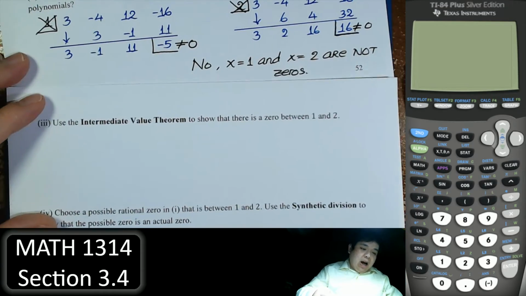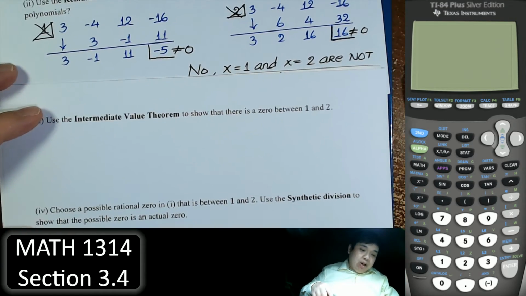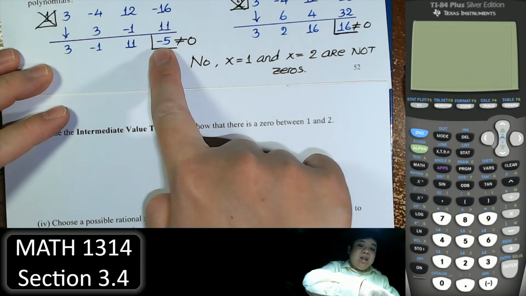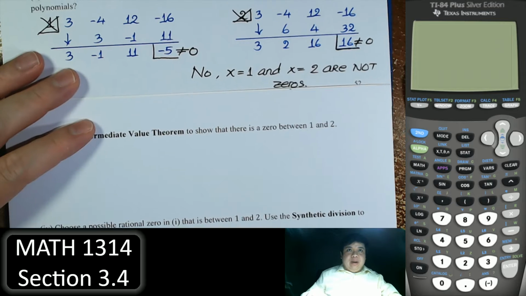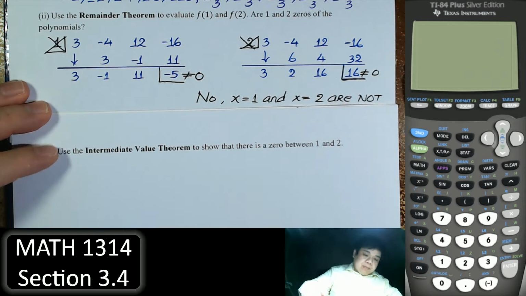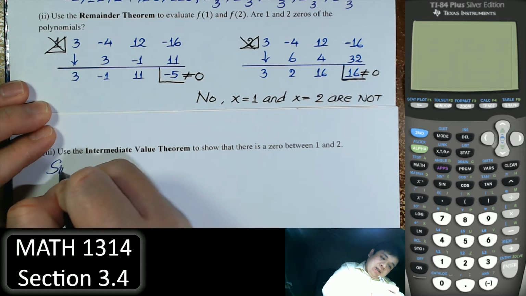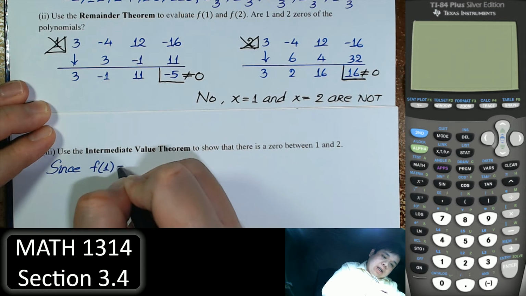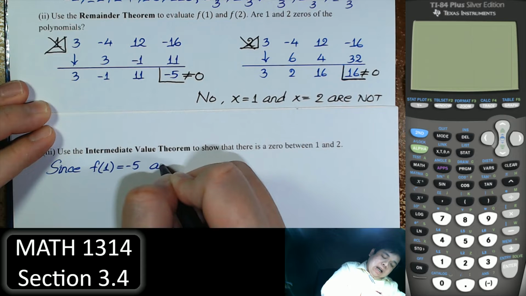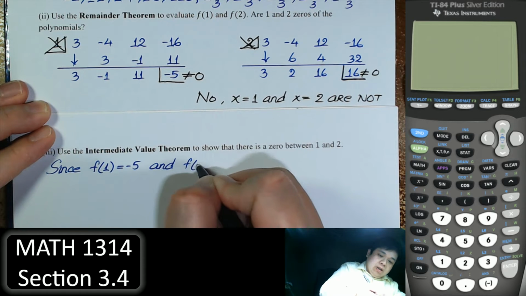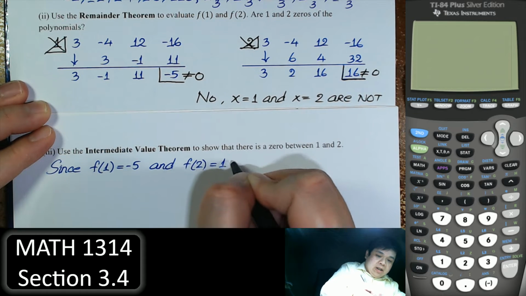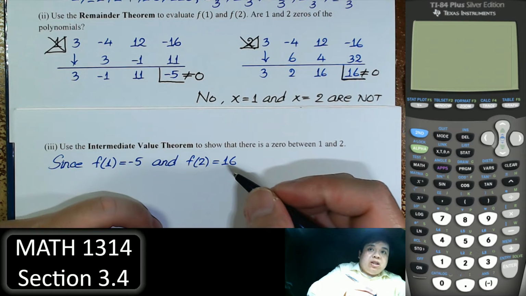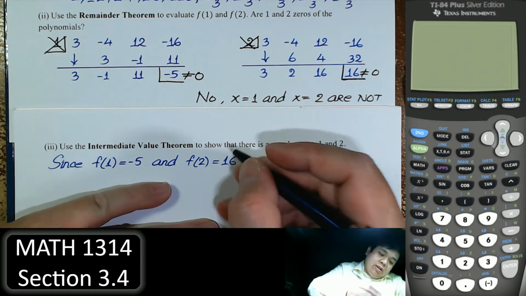Next, use the intermediate value theorem to show that there is a zero between 1 and 2. Well, that's easy. One is negative, one is positive. So there must be a zero in between them. So we say since f of 1 equal to -5 and f of 2 equal to 16, that means they have opposite signs, so there is a zero.